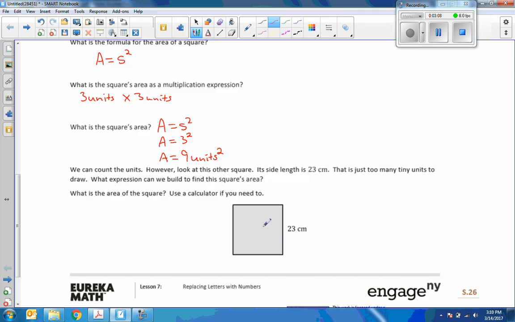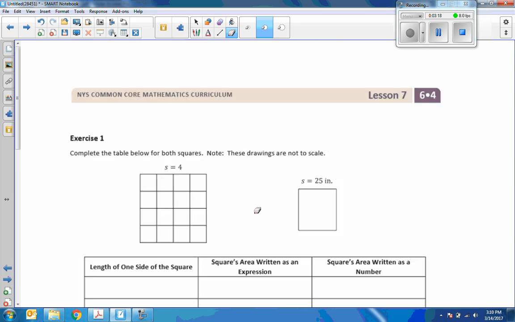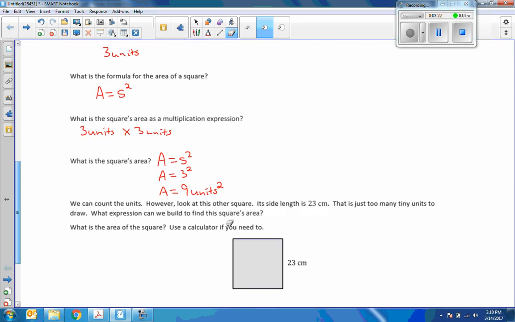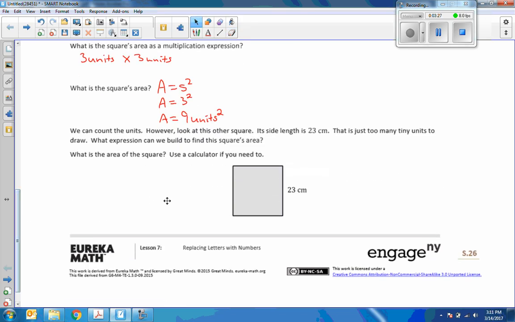But if they give us a diagram and we know that one side's 23, but we don't have all the lines showing all the grid, then there's no way of just sitting there and counting. If I count, I'm going to say it's only 1 square unit, because it's a solid figure.